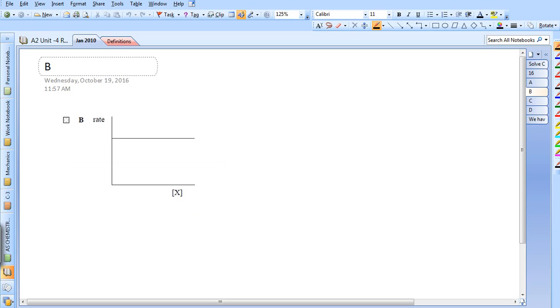Let us see what B tells us. At first let us see which kind of graph this is. Here the y-axis is rate, and the x-axis is concentration of X. So we can simply say that this is a rate concentration graph.